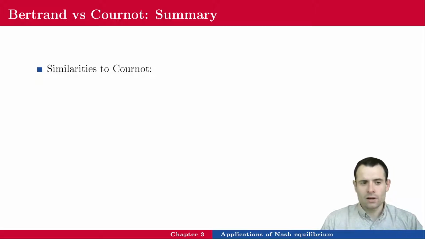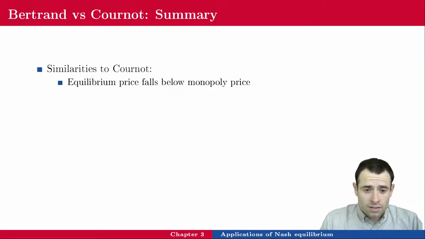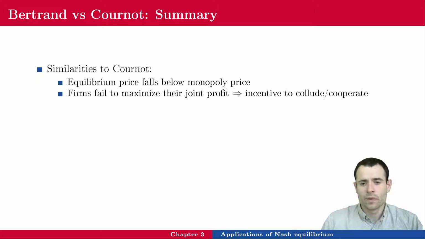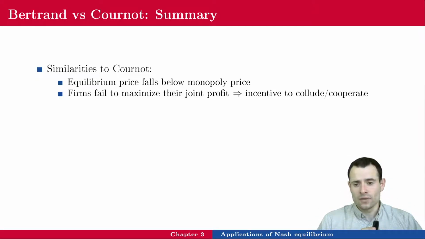First, I want to compare Bertrand and Cournot. Both models are similar in the sense that the equilibrium price will be lower than the monopoly price. In the Bertrand case, the equilibrium price will be way lower. But in the Cournot case, it is also lower than the monopoly price. In both cases, firms fail to maximize their joint profit, so they fail to maximize the monopoly profit.